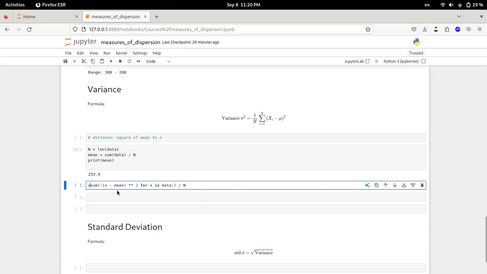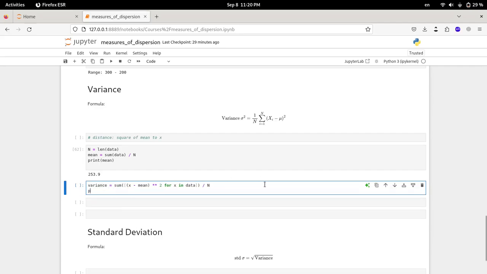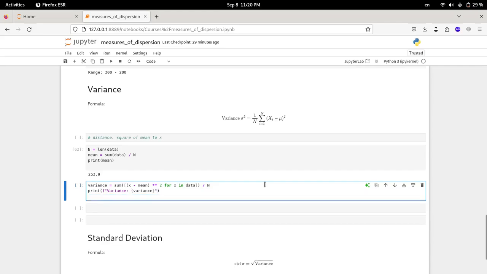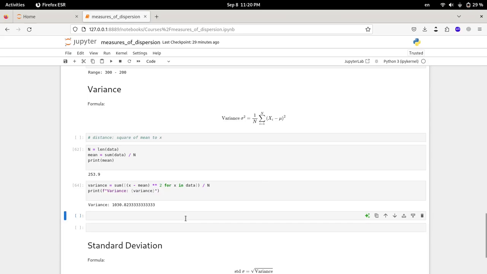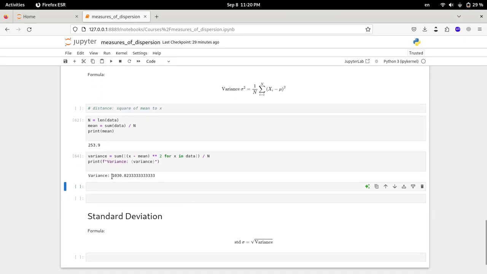And how can we get our variance? So if we print the variance now, our variance is 1030.82.